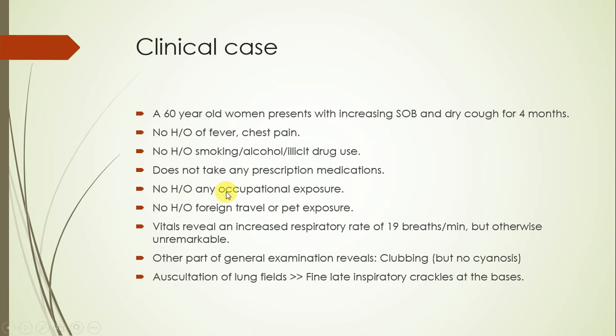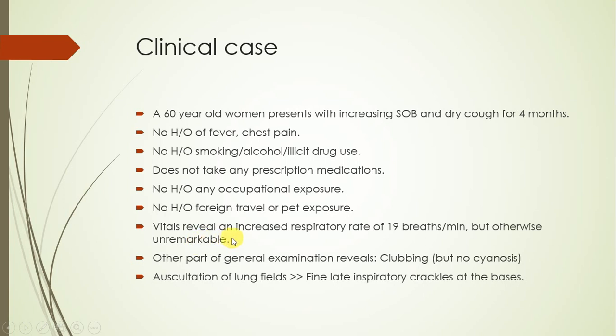No history of occupational exposure. That's also vital information because some occupational exposures, such as coal worker pneumoconiosis and other occupational pneumoconiosis, can have a similar presentation with shortness of breath and dry cough. And there is no history of foreign travel or pet exposure.